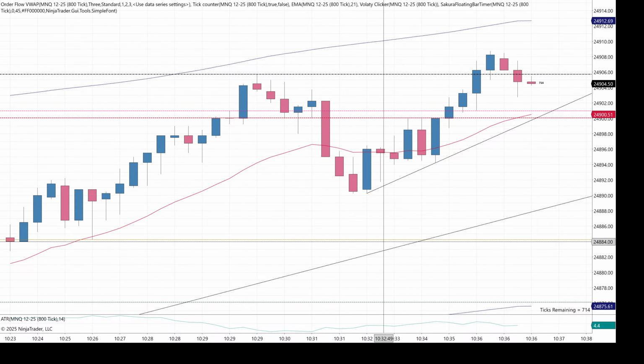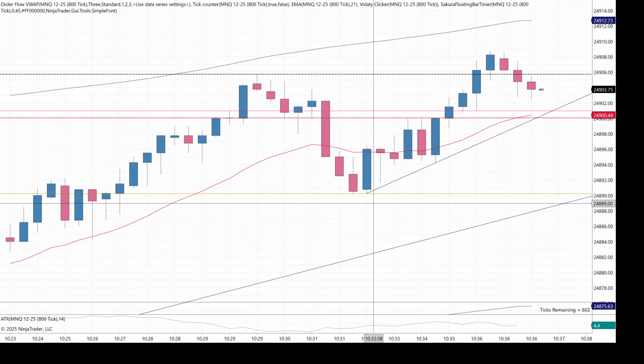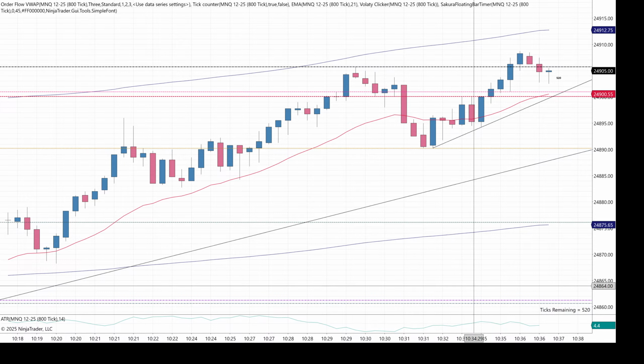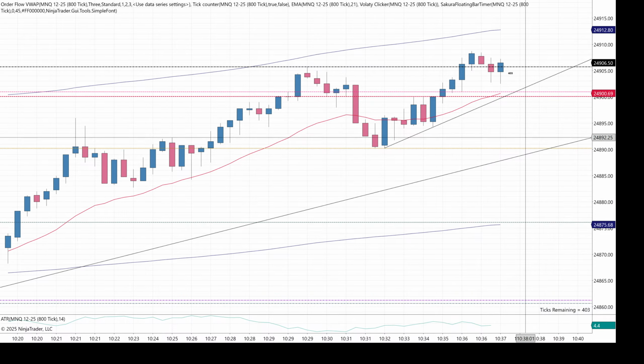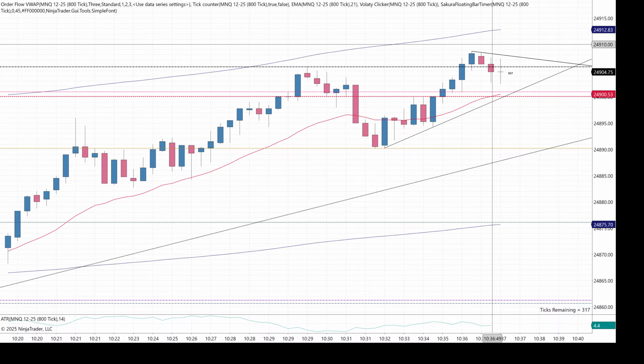Our golden ruler moves up. We're testing our runner stop loss right now.